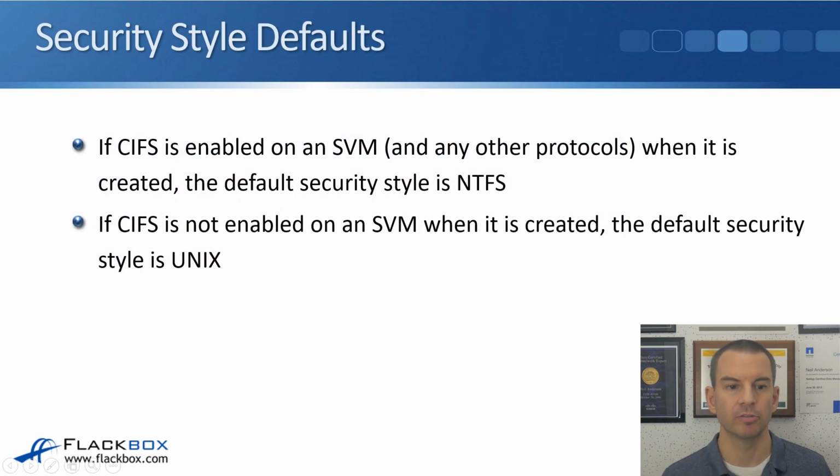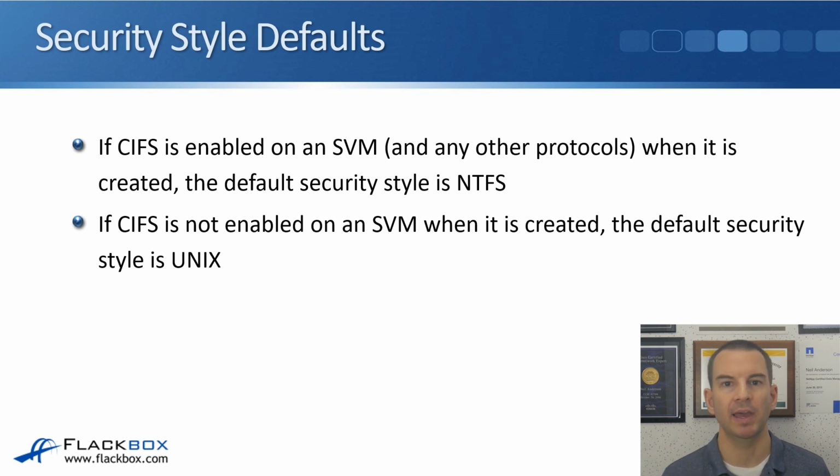Okay, moving on. Looking at the security style defaults. If CIFS is enabled on an SVM, and you can have any other protocols enabled on it as well, when it is first created, then the default security style is NTFS. So that SVM's root volume will have the NTFS security style set on it, and any new volumes that you create after that are also going to inherit that default NTFS security style.